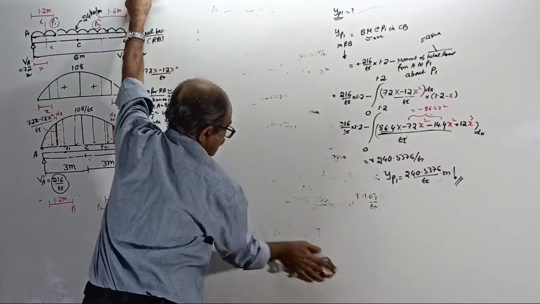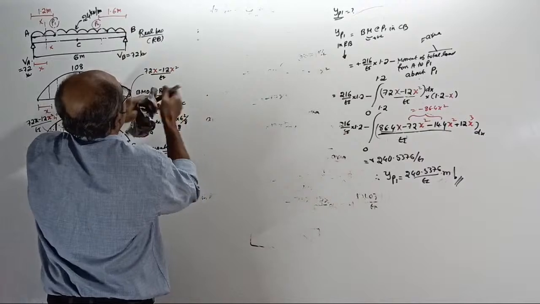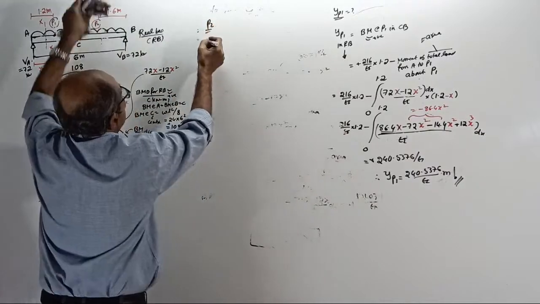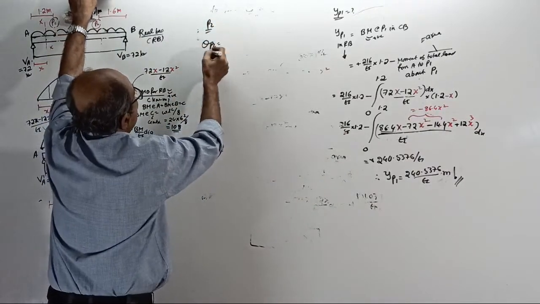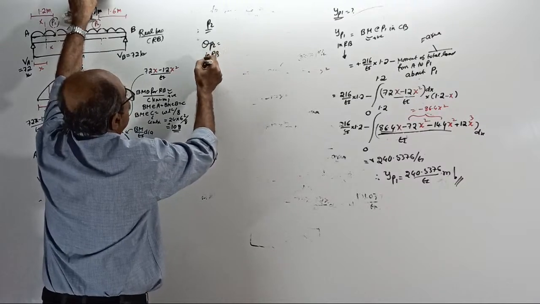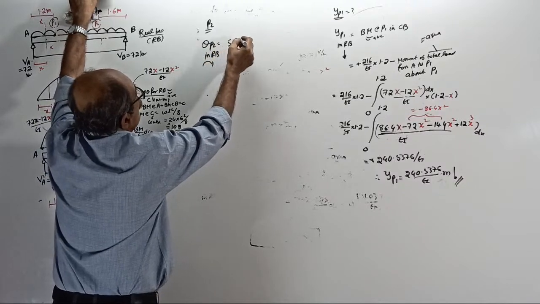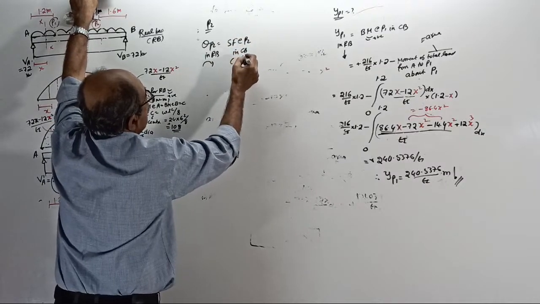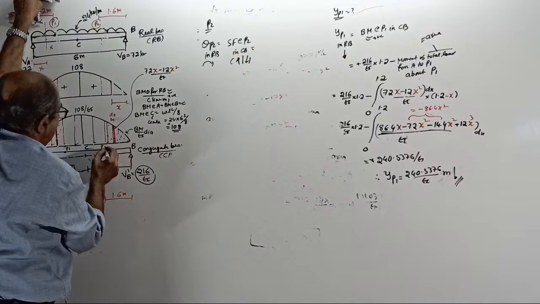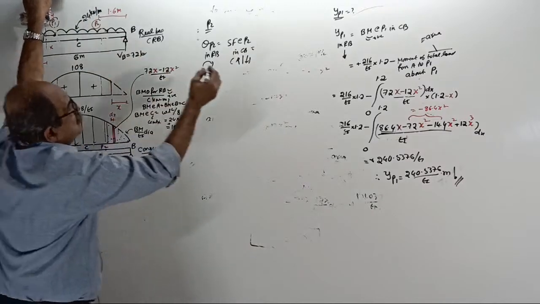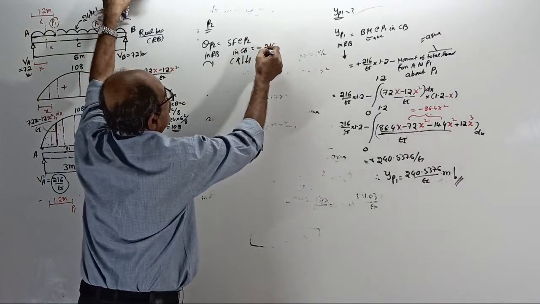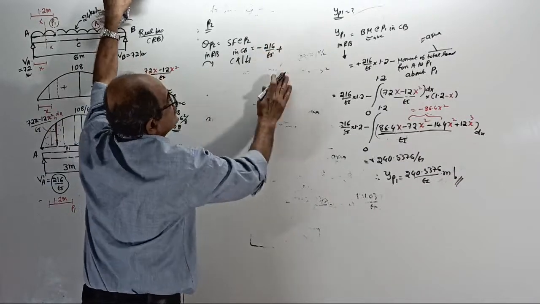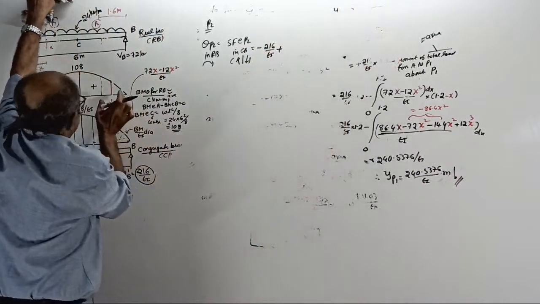See here. When you go to P2, theta P2 in real beam, clockwise positive, equal to shear force at P2 in conjugate beam, left up, right down positive, equal to, look this side, minus 216 by EI plus this much load.